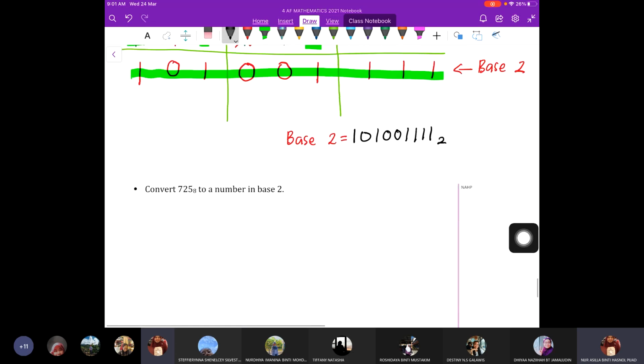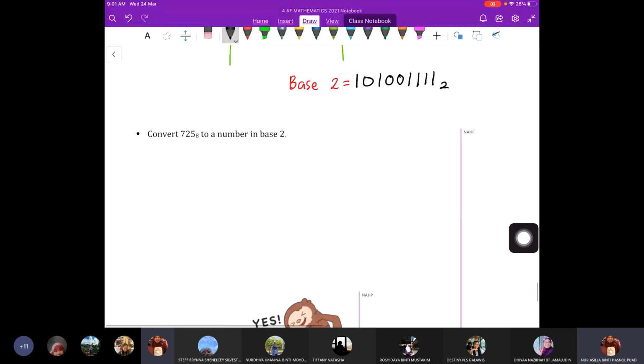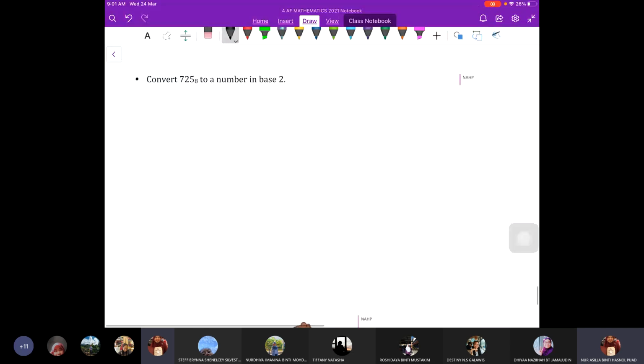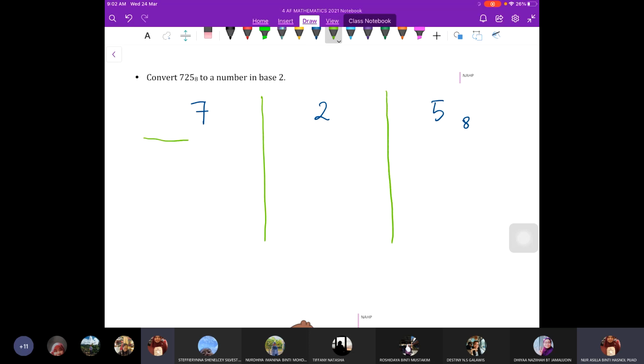Macam mana saya dapatkan? Okay, kita pergi je sekali lagi. Sekali lagi. 5, 2, 7. Buatlah 5, 2, 7 base 8. Okay, mesti bahagikan dia 1 digit, 1 digit.